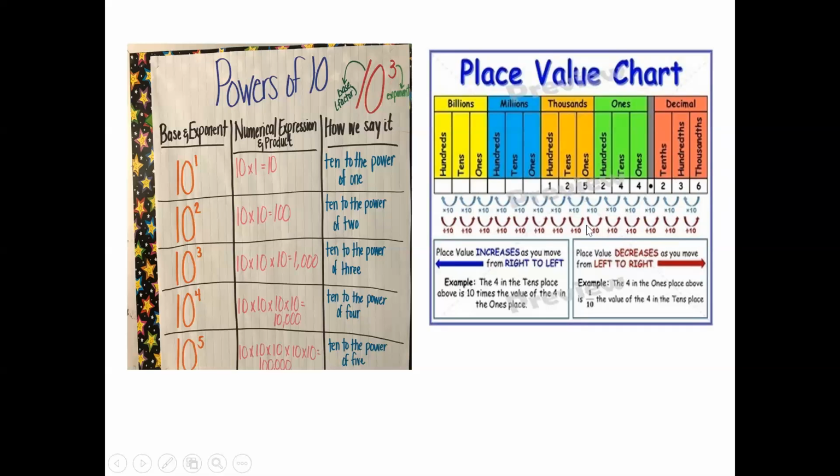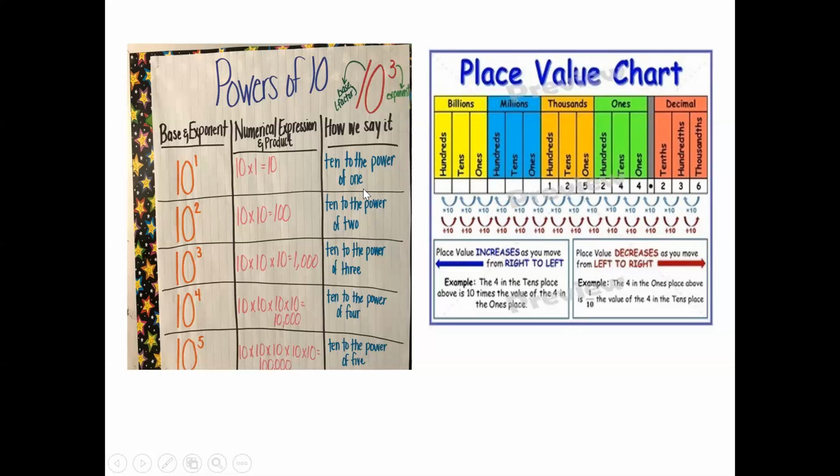So now, when we're talking about getting smaller, we are moving from the left, starting at the left, and we move to the right to get smaller in value. To get larger in value, we move from the right to the left on our chart, okay? And when we're talking about powers of 10 here, if I multiply by 10, each one of these place values is going to bump up.